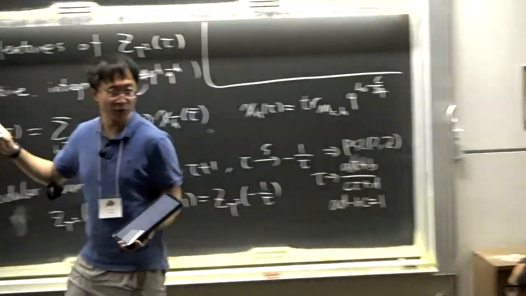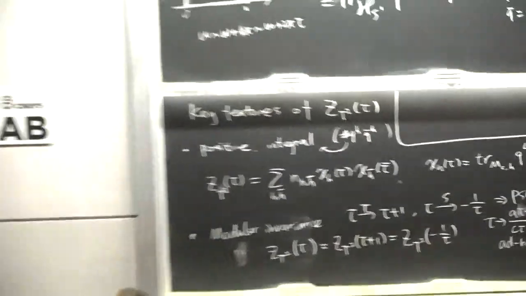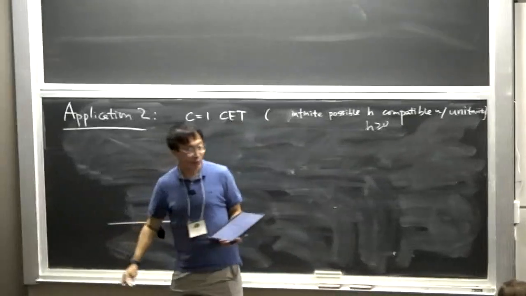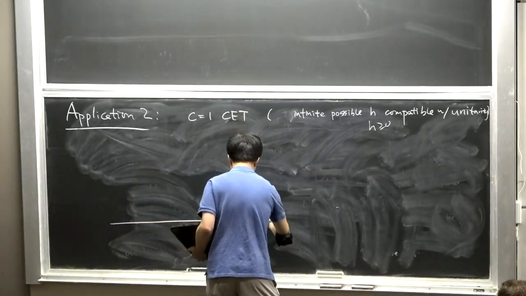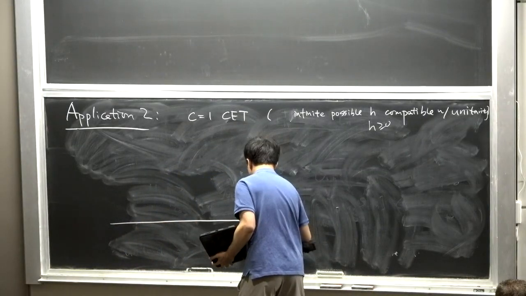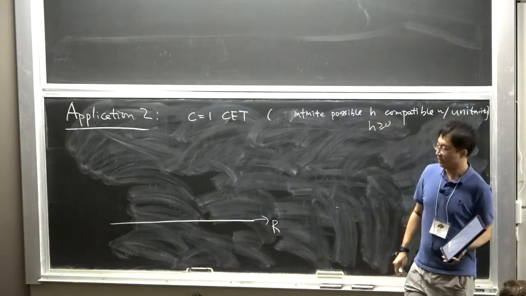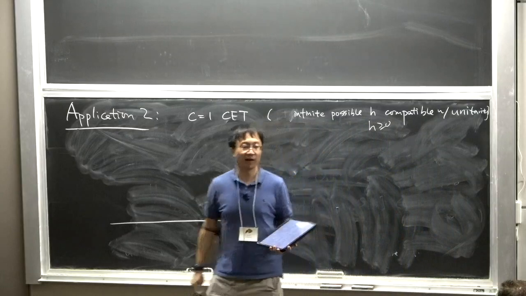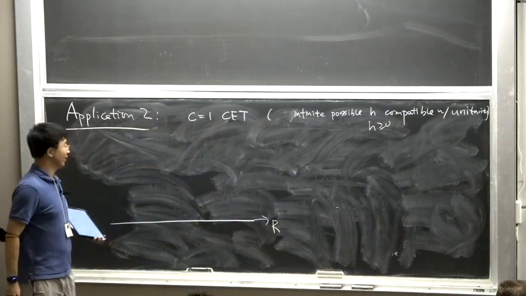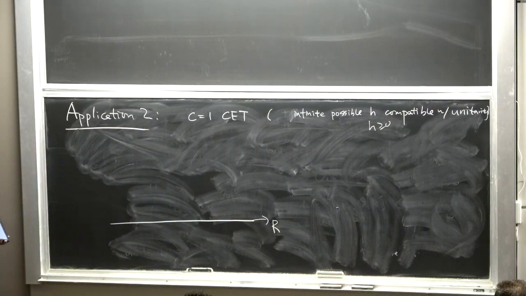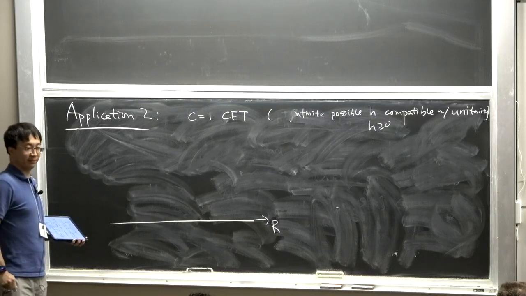Now, infinite dimensional matrices. And those matrices are parameterized by a continuous parameter, which is a real number, which I'll denote as R, because this will turn out to be the same R, up to a factor of square root 2, that showed up in Nati's lecture when he discusses the compact boson.